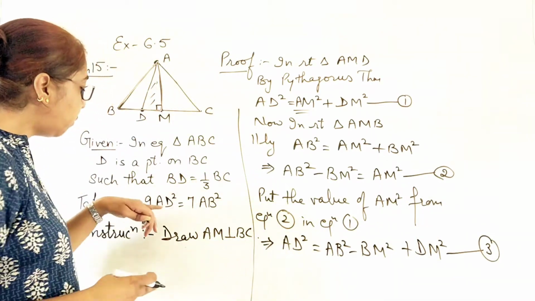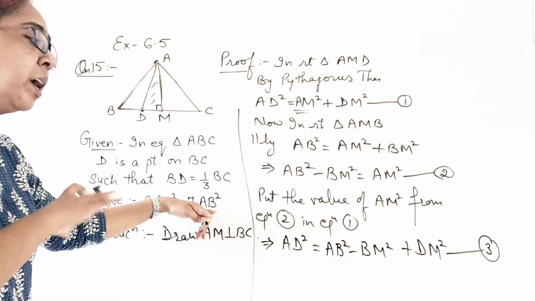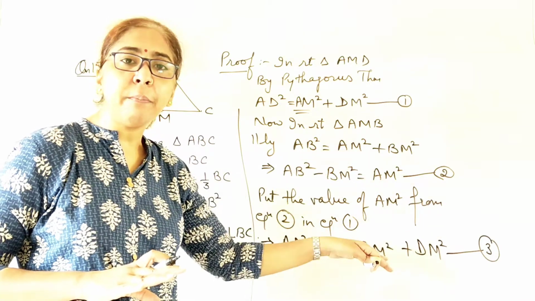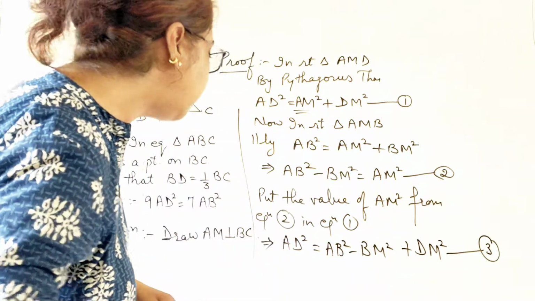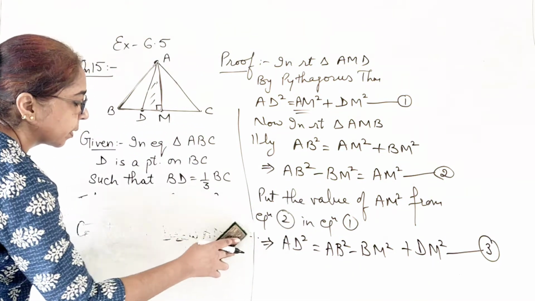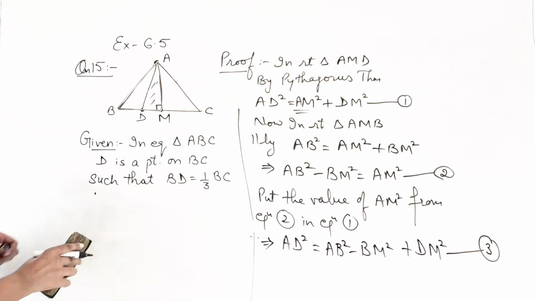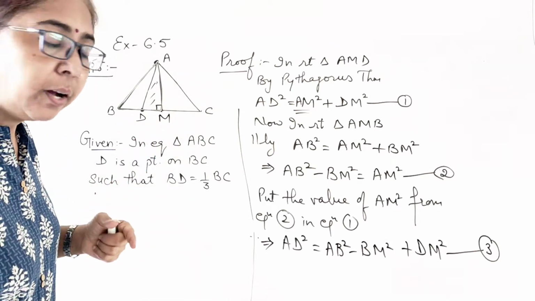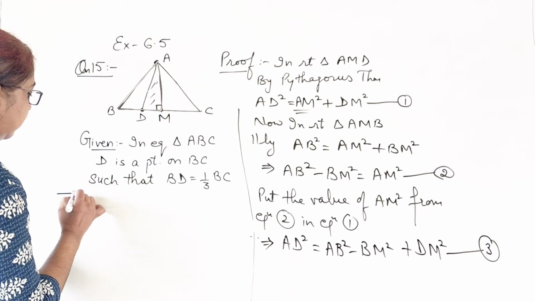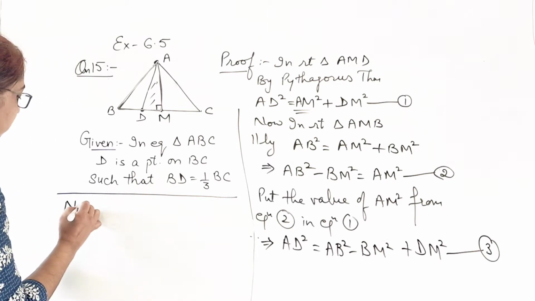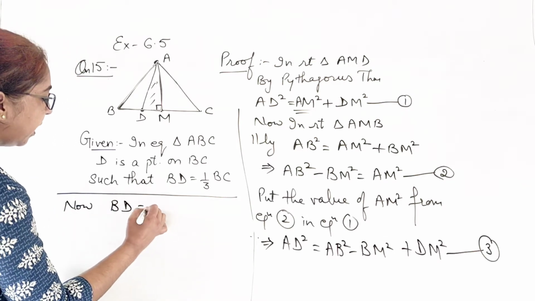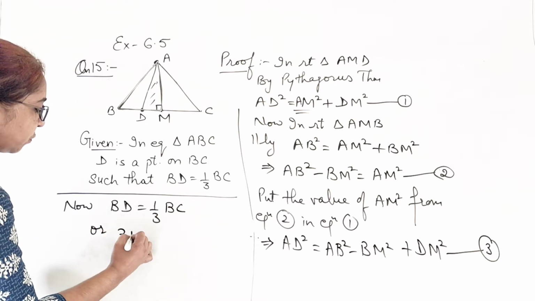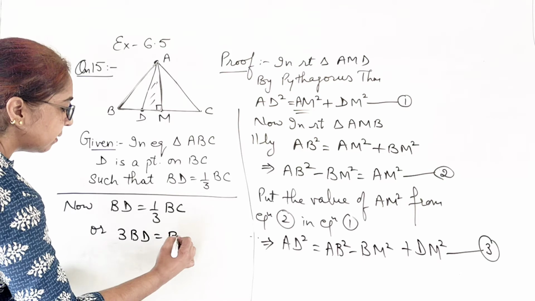But again we want only AD and AB. We don't want BM and DM. So we have to remove BM and DM too. How do we remove that? We know that it is given BD is 1/3 of BC. Now BD is 1/3 of BC, or we can write 3 times BD is BC.